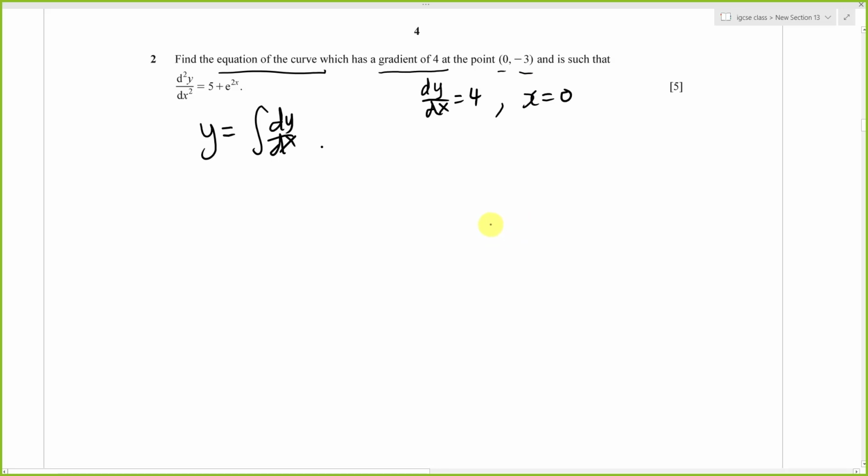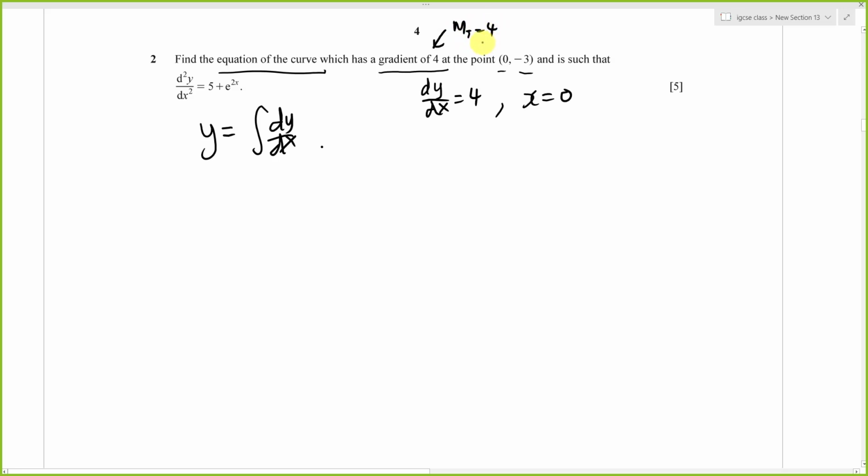So, in order to get the dy dx, right? Yeah, this is not dy dx. What am I talking about? This one is gradient of tangent. Alright, this gradient of 4 is the dy dx after you sub the x value into it. So I can say this one is a gradient of tangent equals 4.